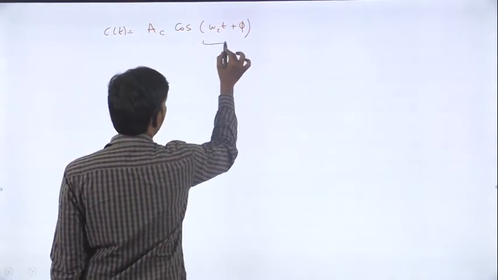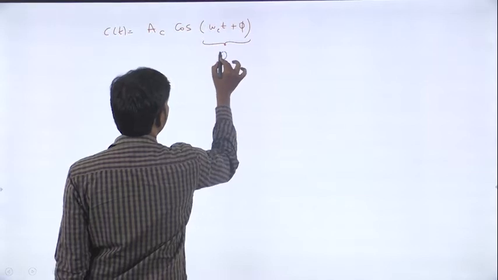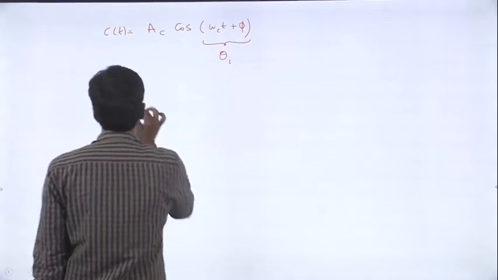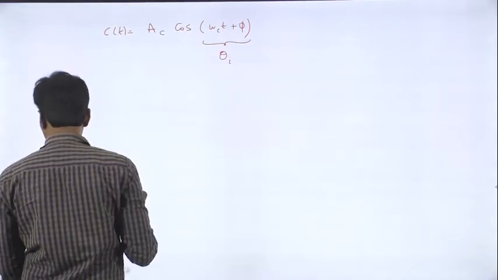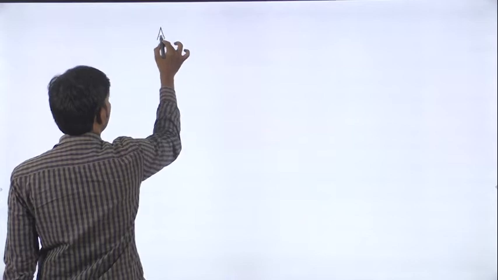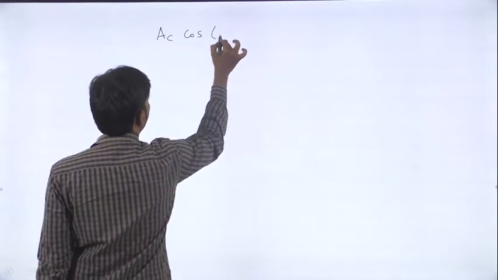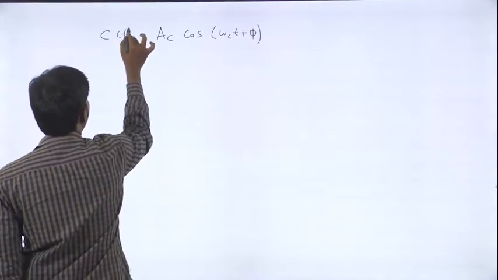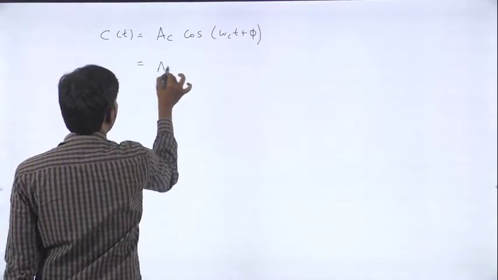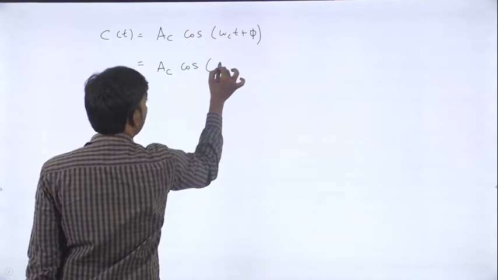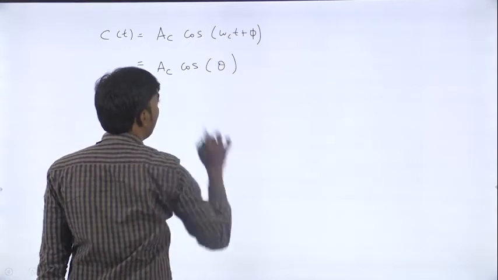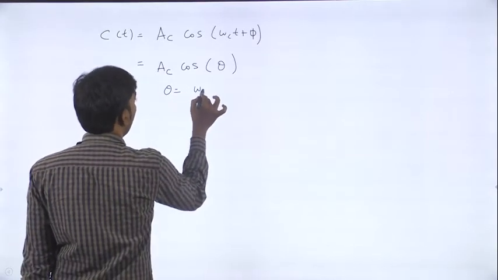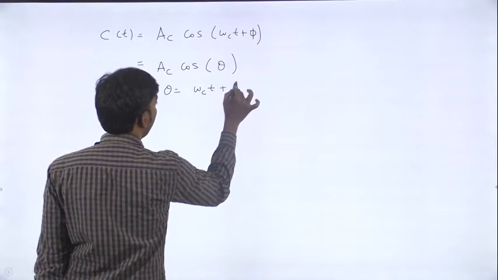Now this I have written as theta. Let me take it as theta. Ac cos omega ct plus phi, which is equal to c of t. This also I can write as Ac cos theta, where theta is equal to omega ct plus phi.